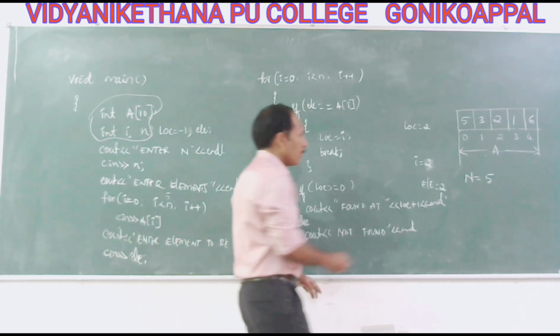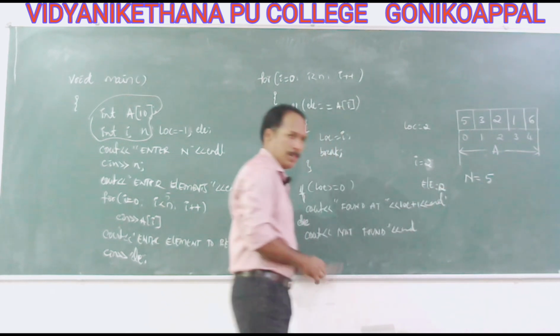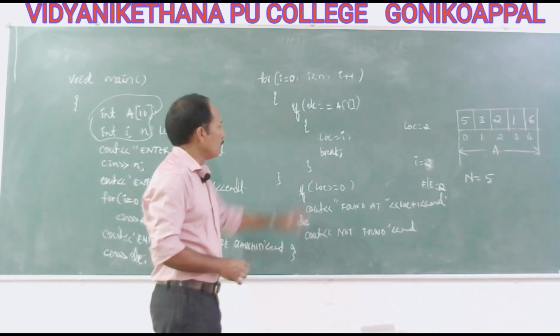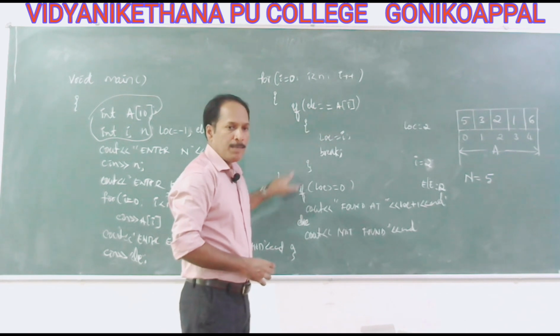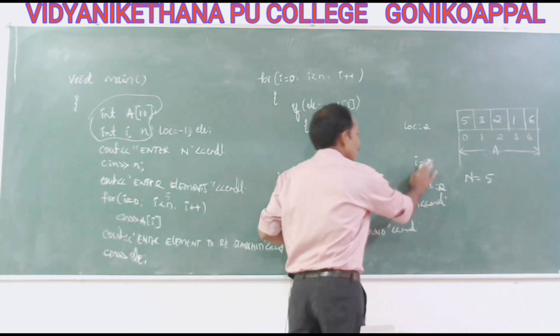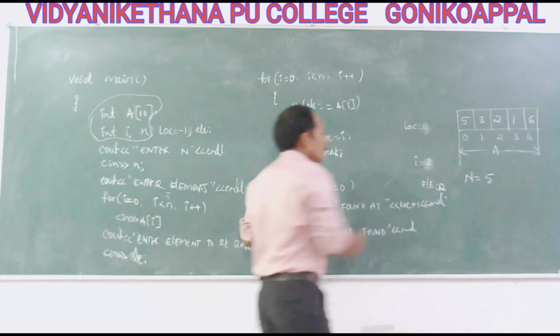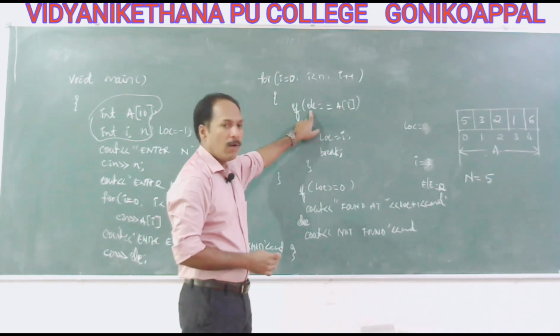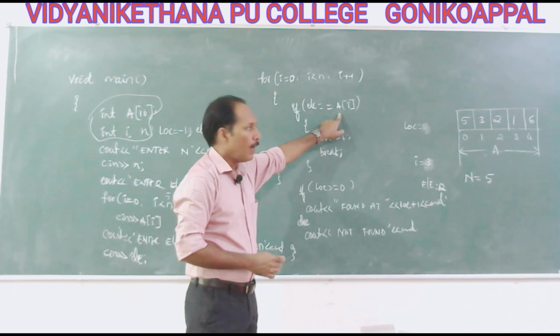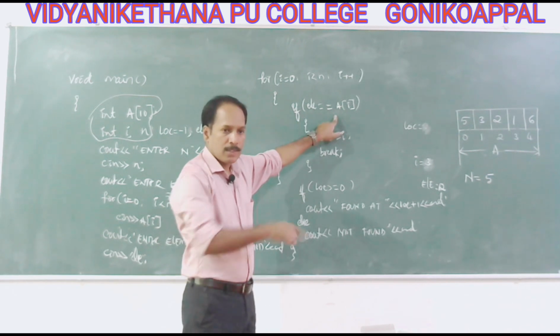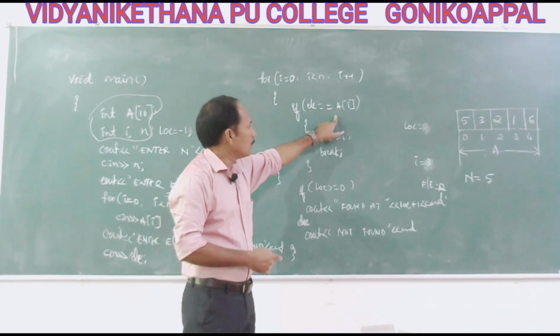Suppose you are looking for 12, same thing. Continue now. So far, I is 2. This 2 and 12 are not same. Then I plus plus, same repetition. So I becomes 3. A of 3 is 1. Element you are looking for is 12. 12 and 1 are not same.